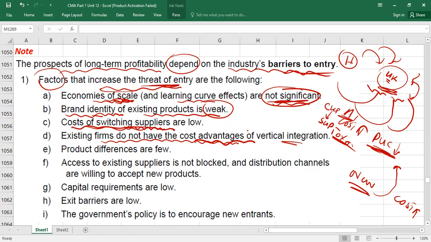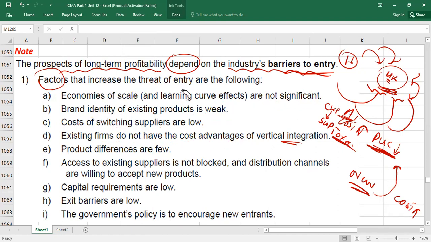And you can compete with existing companies because they don't have economies of scale. So whenever there is no cost advantage in the market, at that time the threat of new entry will increase.